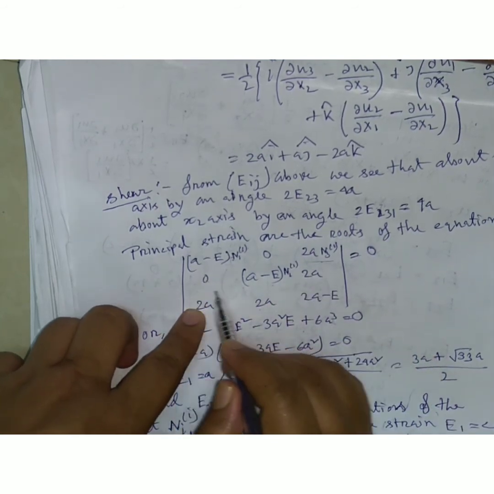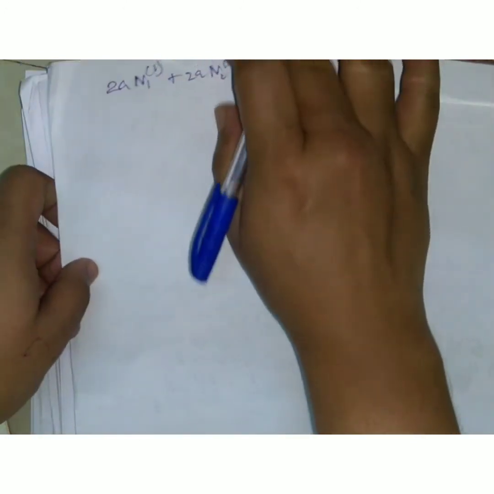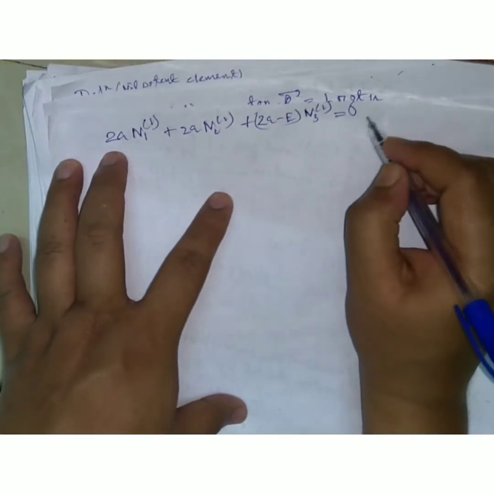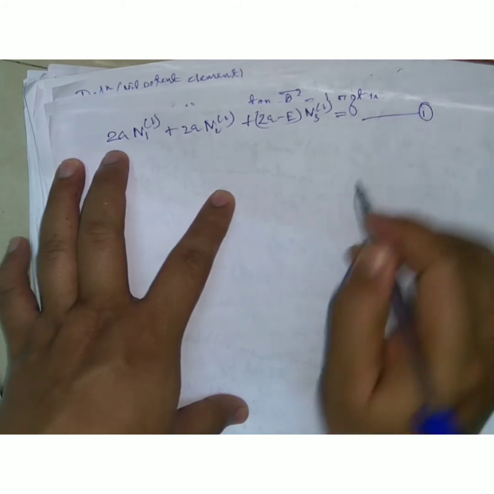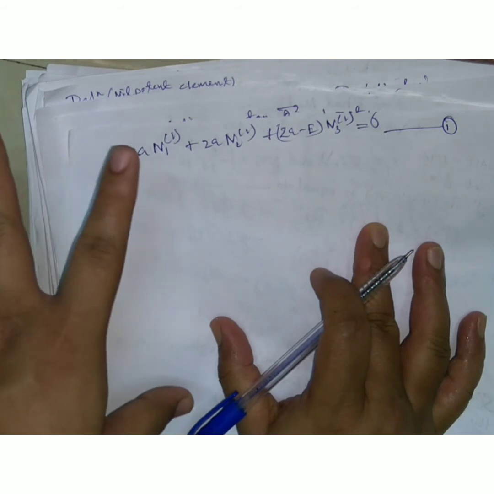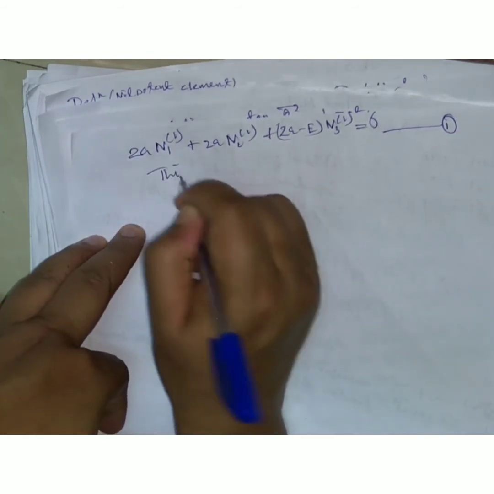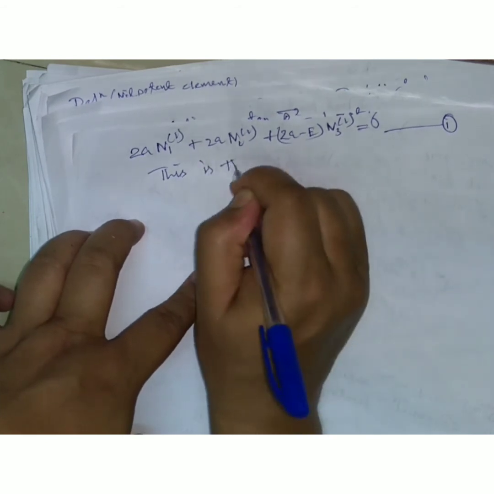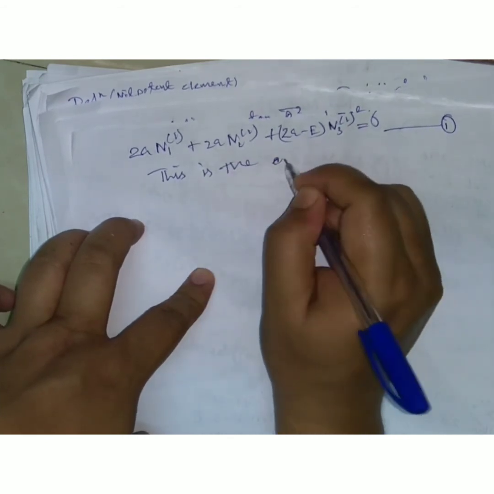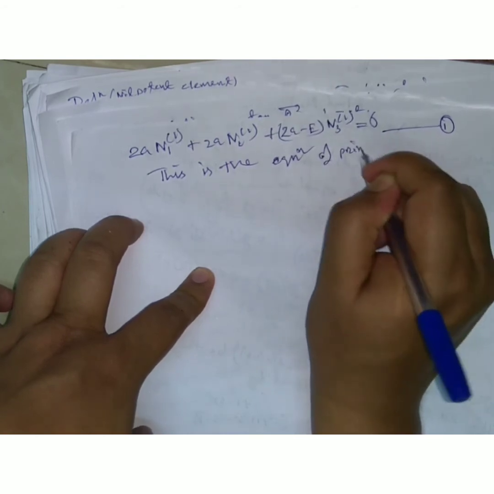Row-wise, I get these three equations. These are the principal direction ratios, and this is the equation of the principal axis.